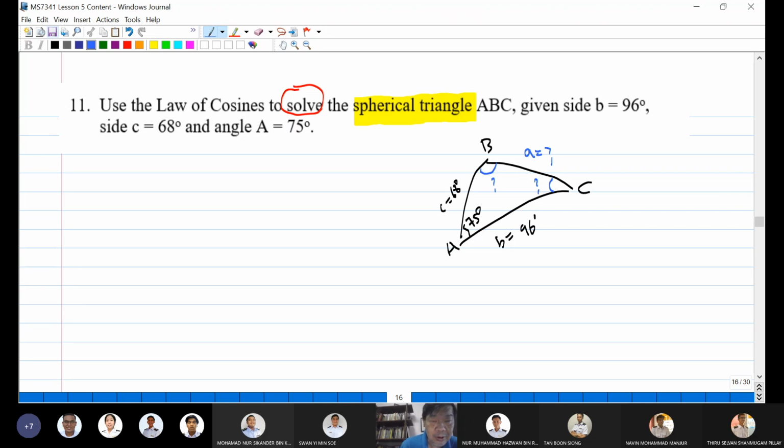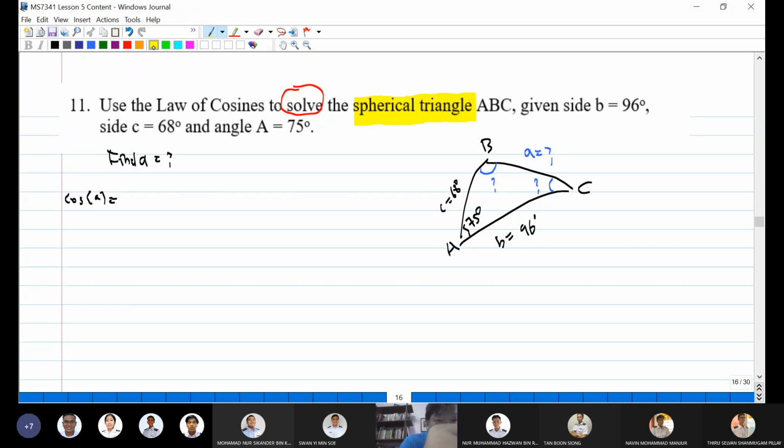Okay, let's try to do the law of cosine. Let's try to recall here. I want to find A first, because A is the easiest to find in this situation. What is the formula for the law of cosine? Cosine A is the one I want to find.